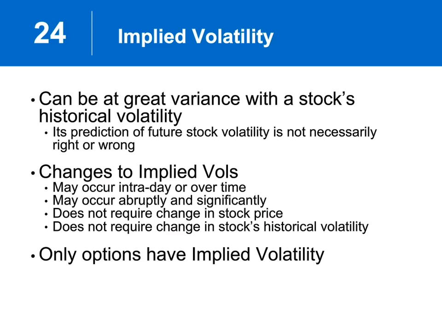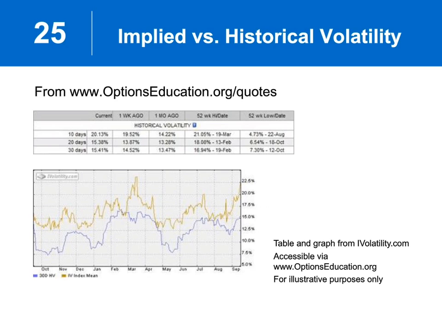I would urge you, if you're not in the habit, please, this next slide, slide 25, optionseducation.org, check out the implied volatility charts. This is the implied versus historic volatility chart. We offer this on all the underlying ETFs and indexes.